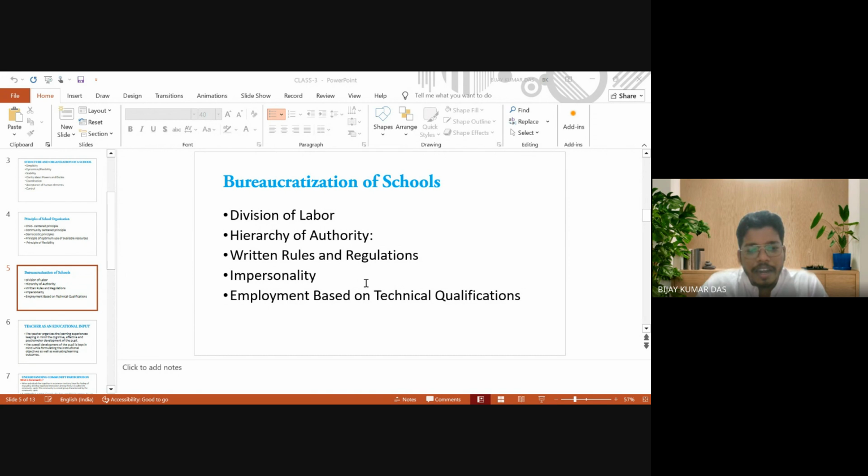Employment is based on your technical qualification. In the Indian perspective, we will see teachers are just B.Ed, OSTT or CTT, and they attend a CBT test and get a job in school. No technical knowledge, no technical test is given.